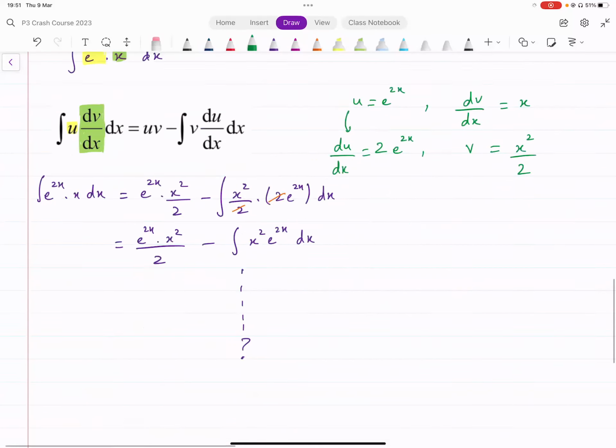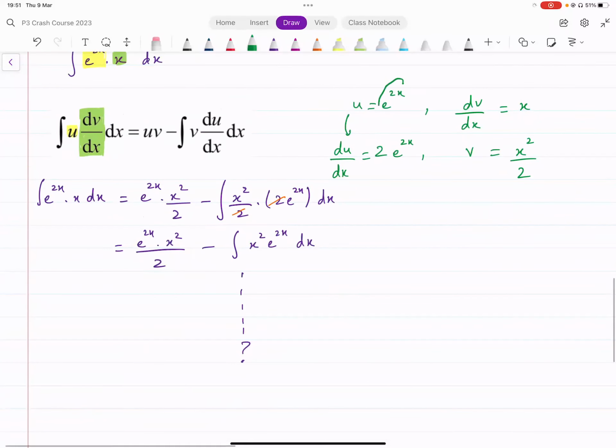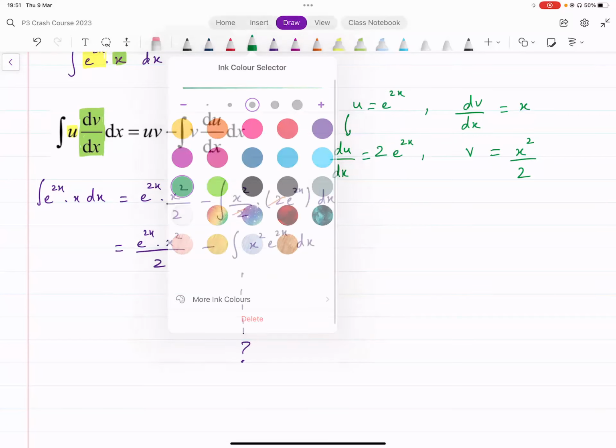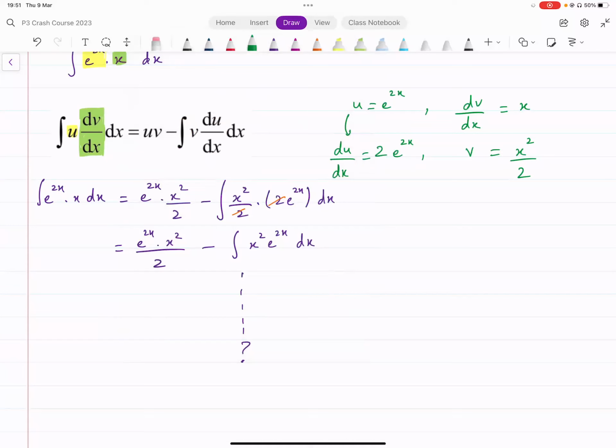In this example, we had u as e raised to power 2x. When we differentiated it, it did not really become simple at all. It remained the same, e power 2x. All right. So what we want is that when we differentiate u, it should become something simpler. Otherwise, we would have a problem.